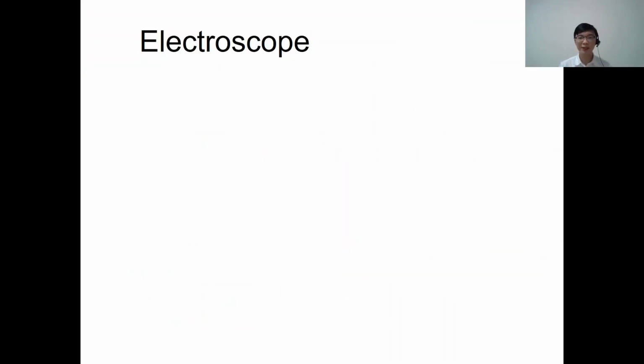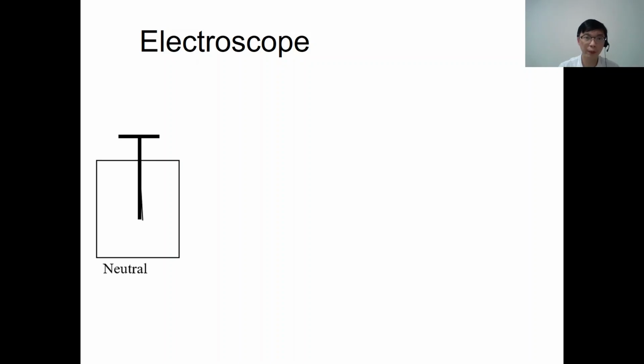So this is quite well observed in what we call the electroscope. This is an electroscope. In the neutral state, when the top surface is not charged, you have the thin film, the branch, lying flat along the main stem.